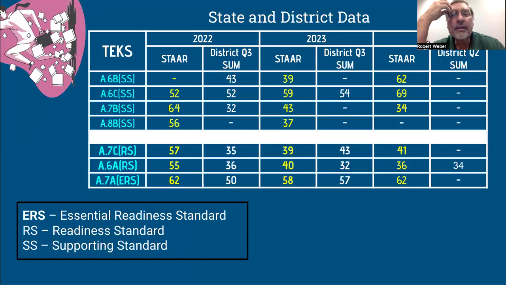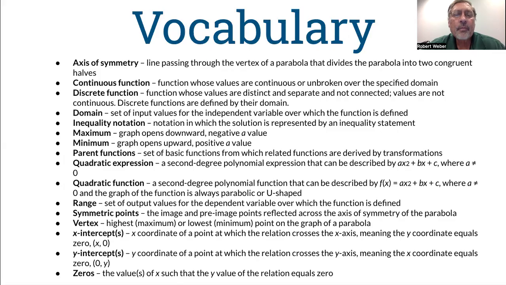Data-wise, we've done okay in this area. You can see 7A, which is our essential readiness, 50s and 60s across the board. The domain and range one, 6A has always been a challenge. So that's one we can do a little bit more on. 7C, again, haven't knocked out of the park there, but impressive on 7A.